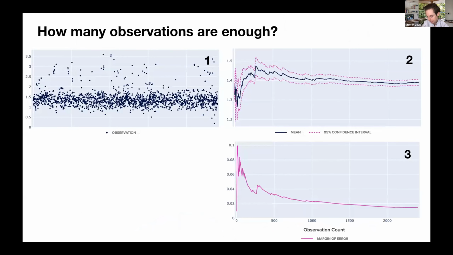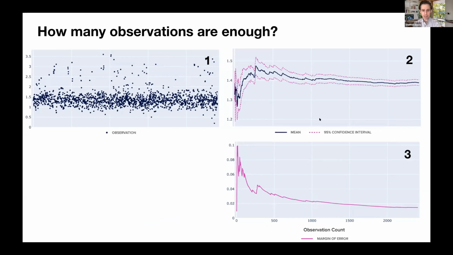Now, the last segment for our case study here, a very common question is, how many observations are enough? So in this first chart, it's taking the same 2,404 pedestrian crossing the street observations, and now it's plotted with the average crossing speed in the order that they were collected.